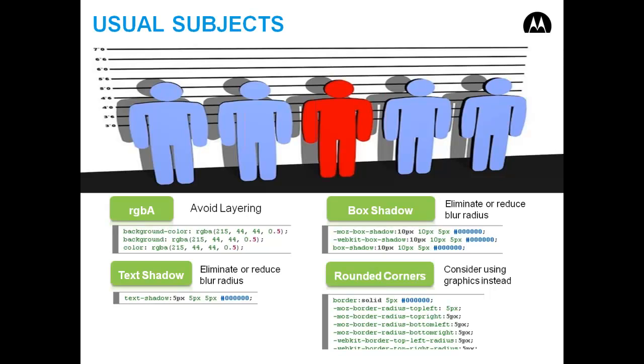And if it's on an item that is moving, like in my case with that list view, where each of the user's names was a CSS3 rounded corner item, if you can get rid of the rounded corners and just make it square, it will be less processor intensive. And if I actually use the graphic, it would probably be better as well.